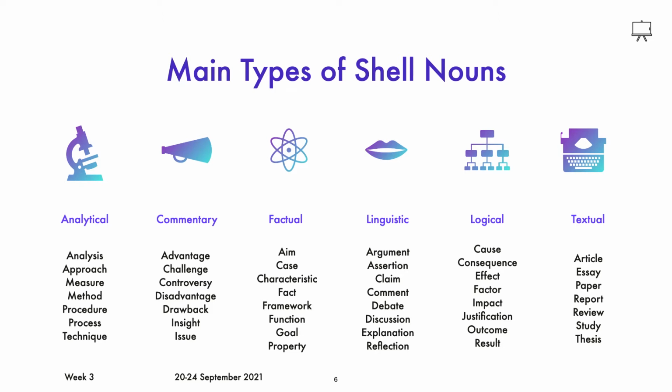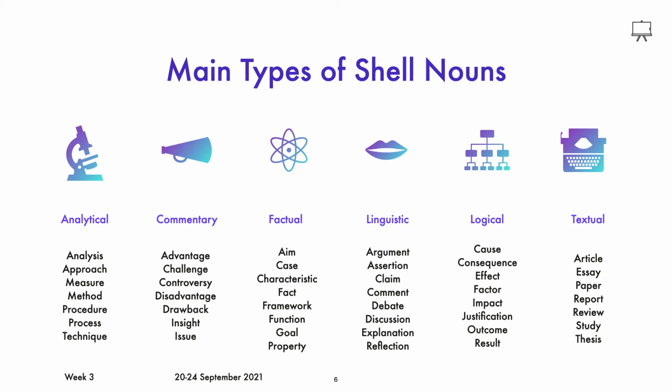And the linguistic shell nouns will be very useful for your writing as well when you talk about arguments, when you are very sure about something and say assertion, when you talk about other people's claims, comments, or the debate on the topic, discussion on the topic, explanation, or reflection, etc.